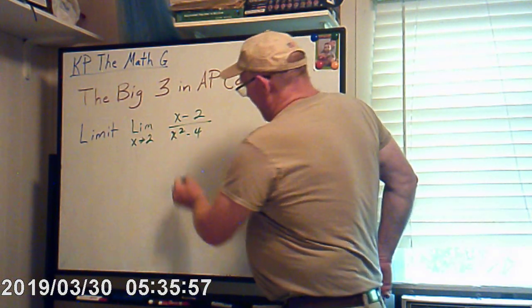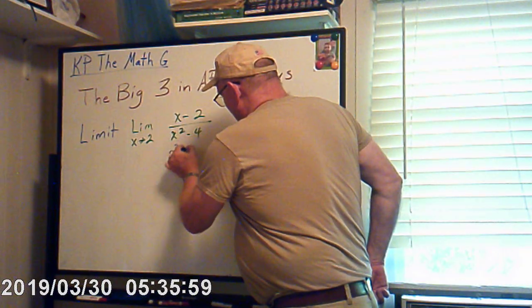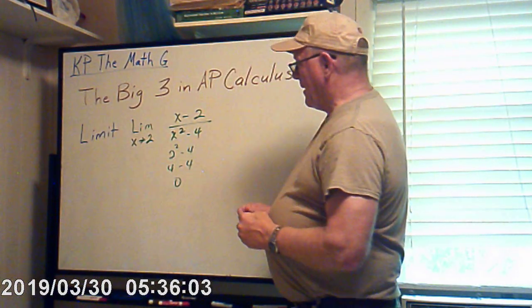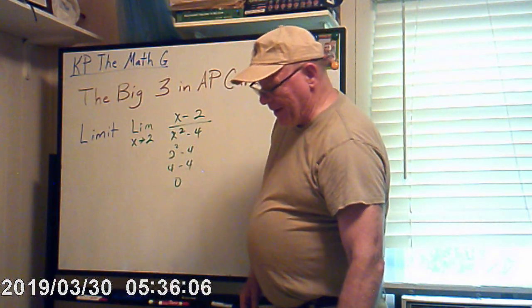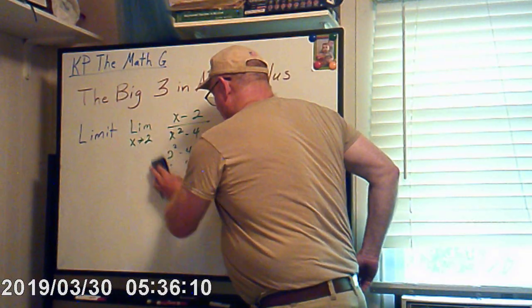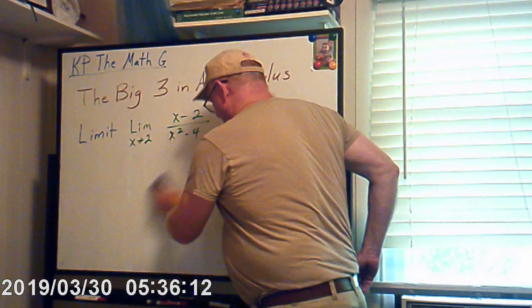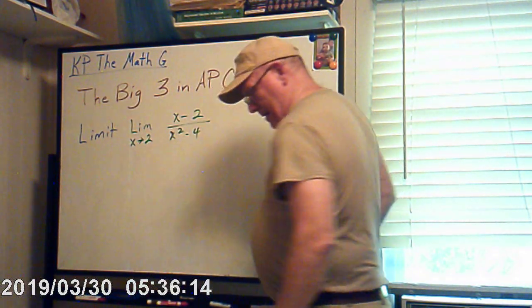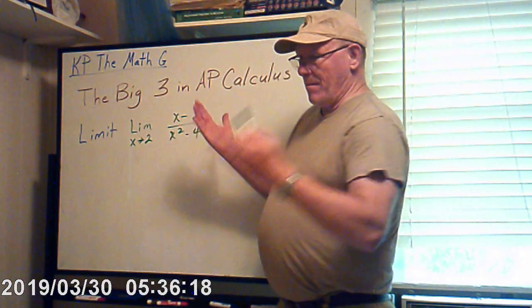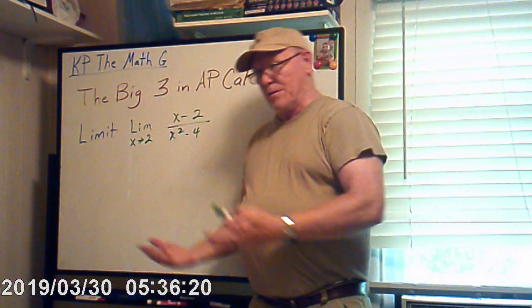You see now if we plug 2 in and square it, minus 4, we got 4 minus 4, we got 0. And there's a couple ways we could handle this, but I'm going to show you the simplest way. Alright, well I say it's the simplest way anyway. One of them is called L'Hopital's rule.